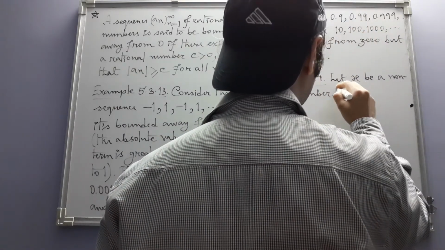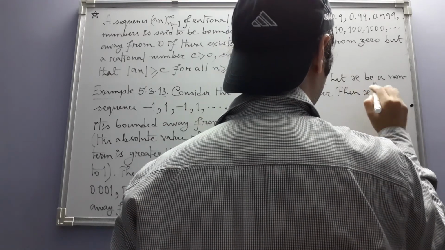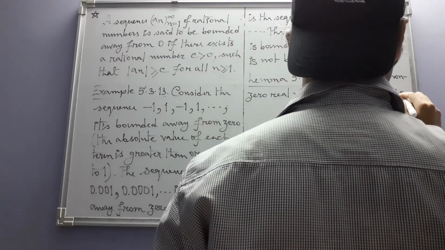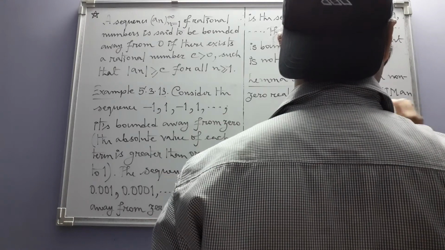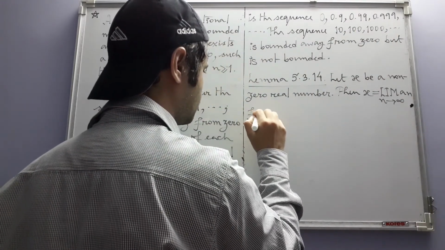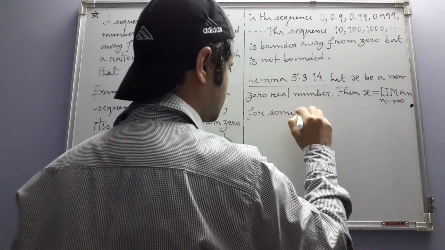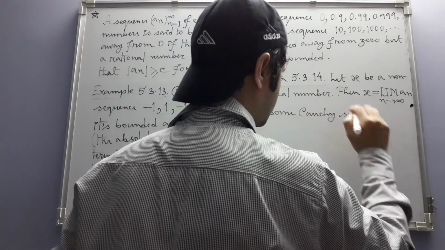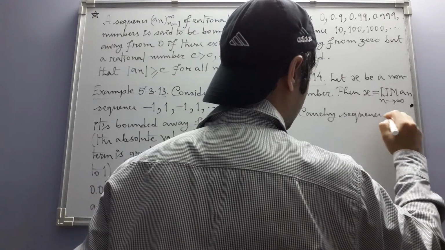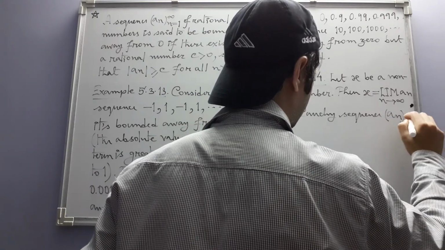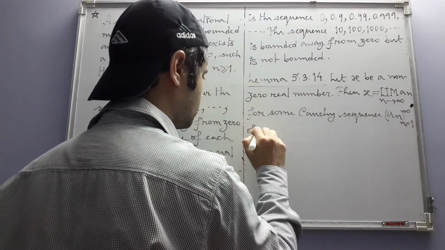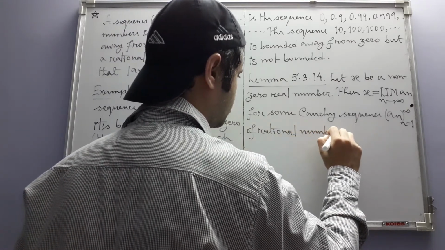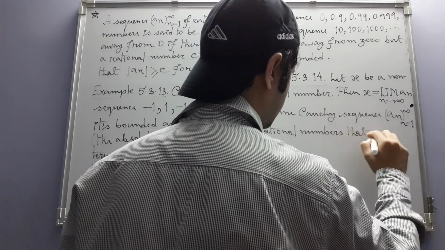Then x is equal to the formal limit of An for some Cauchy sequence An of rational numbers that is bounded away from 0.